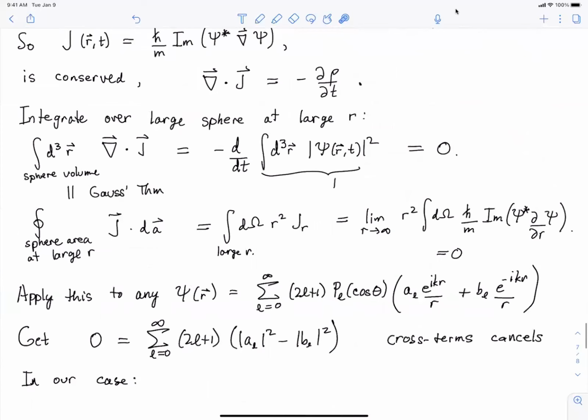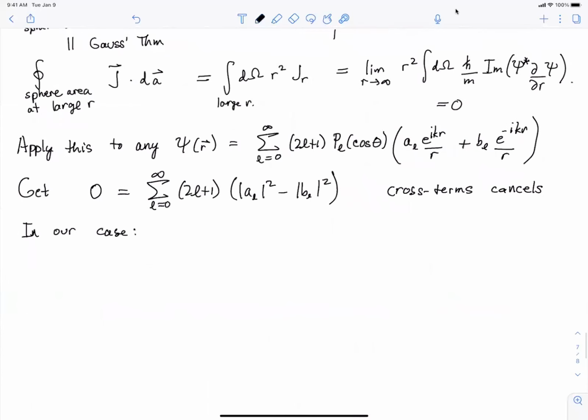So in our case, the B sub L squared, the complex square, was 1, and angular momentum conservation says that each L term vanishes separately.